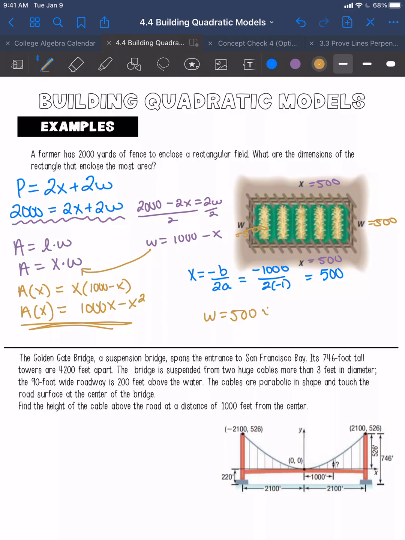Width equals 500 yards, and length equals 500 yards. Multiply those two together, you get 250,000 square yards, so the total area enclosed to maximize would be 250,000 square yards. Notice, to maximize that rectangle, it's actually a square. 500 by 500 would be a square.